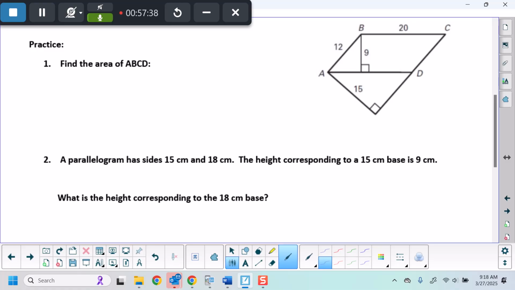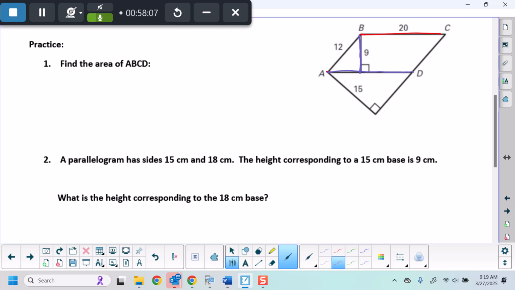When I want to find the area of this shape, we've got all different things inside that we need to try to figure out. This 9 is the measurement of that height. Here I have 20, which means that this value here is also going to be 20.